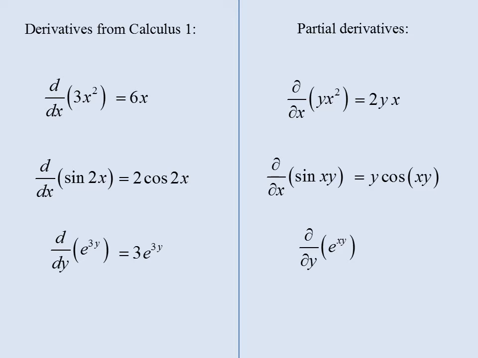When we look at that, we see the x just like a number, a 3 or a 2 or anything else. So we're looking at the derivative of e to some constant times y. That derivative would be e to the constant times y times the derivative of the constant times y.